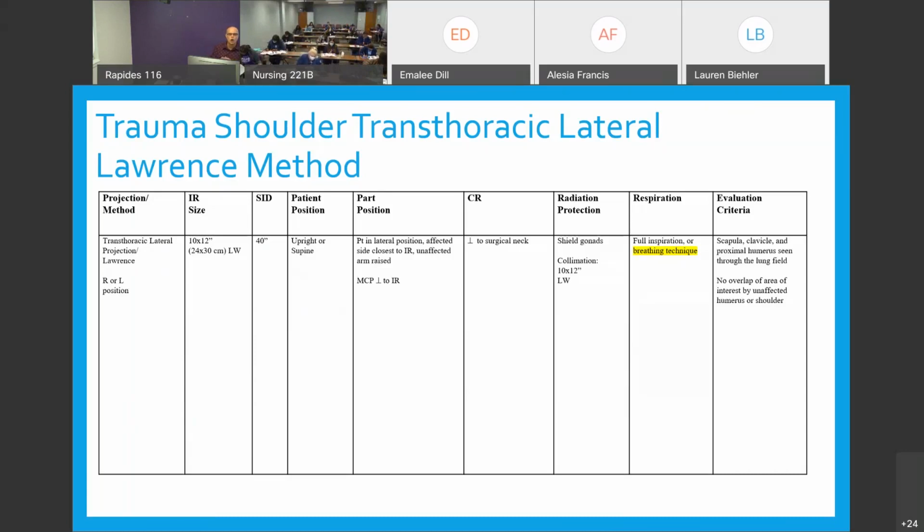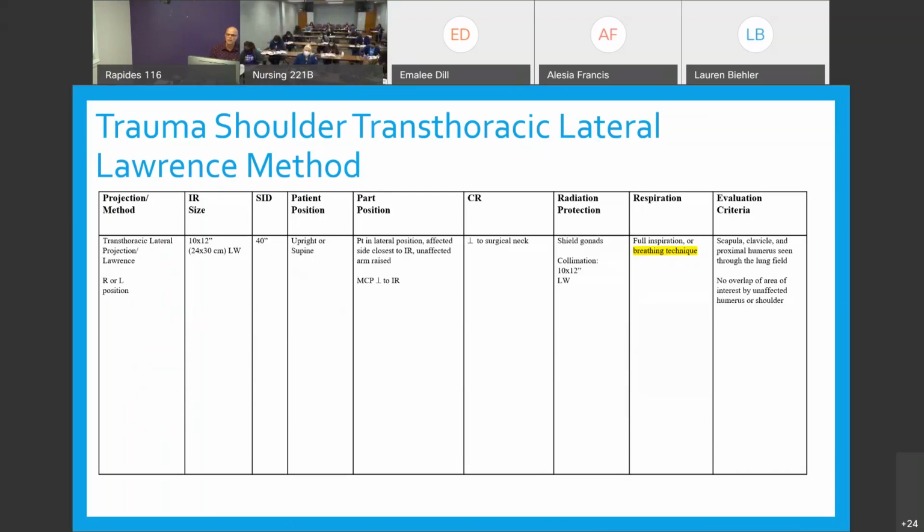Trans means to go across. Transcontinental means you're taking a flight across what? The continent. Transverse means you're directing the tube across the table. Transthoracic. So we're going across the what? Thorax. Right? Transthoracic.